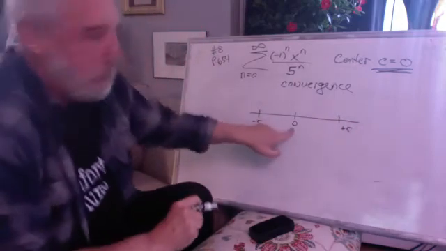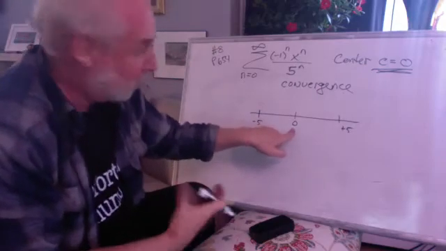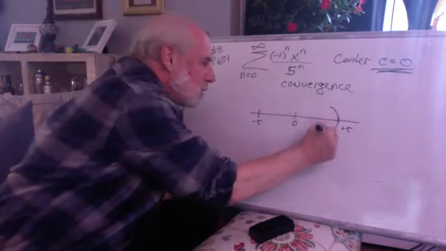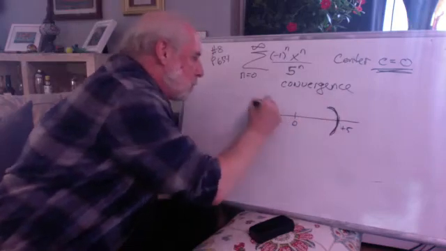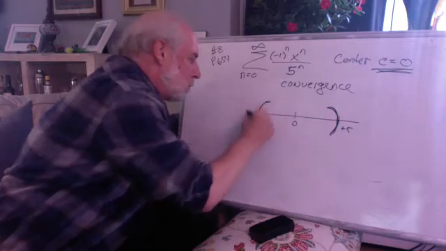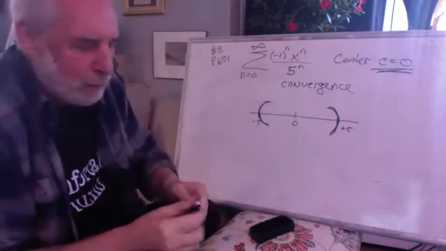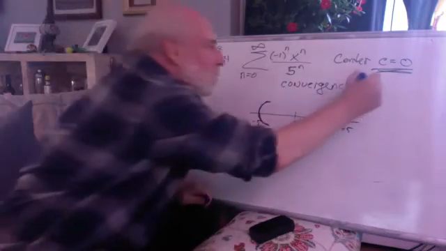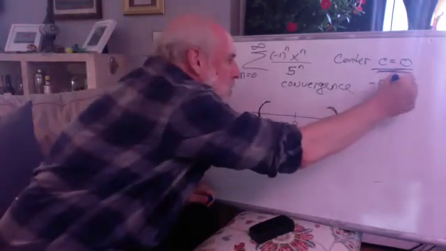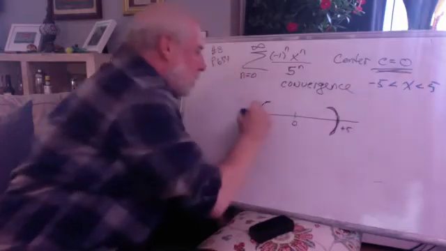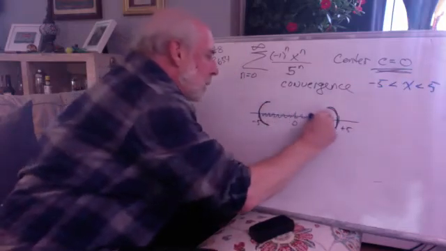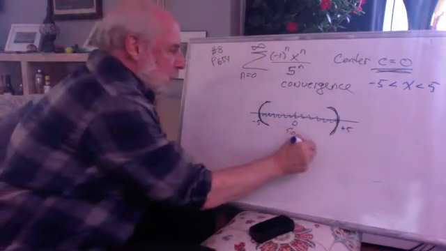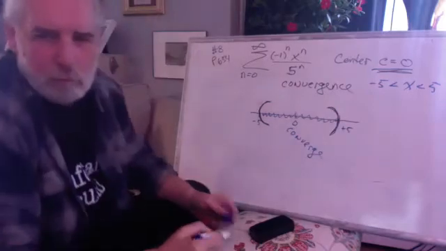And oh, look, the center is right in the center, which is why it's called the center. So we converge everywhere in between, and curvy brackets mean so all of these x values, we converge, right?